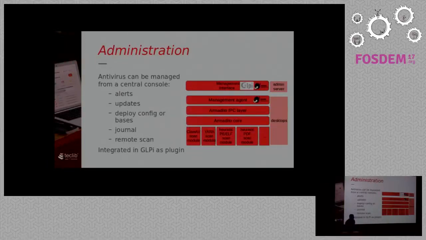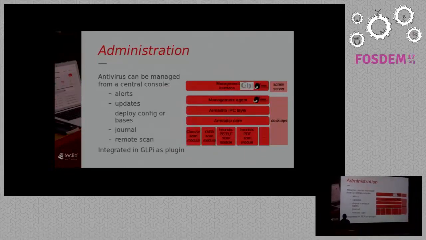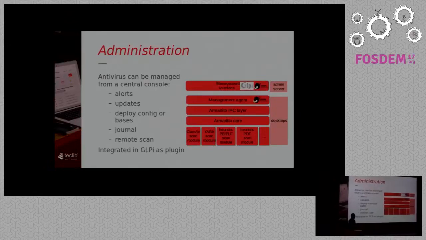And it's based also on FusionInventory, which is an inventory agent deployed on all the machines of your computing environment. It allows uploading the inventory of the machine to the central server. And we have a management interface for the antivirus, which is integrated into this architecture.